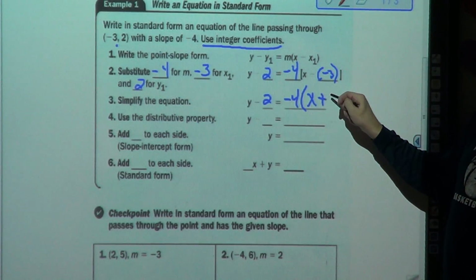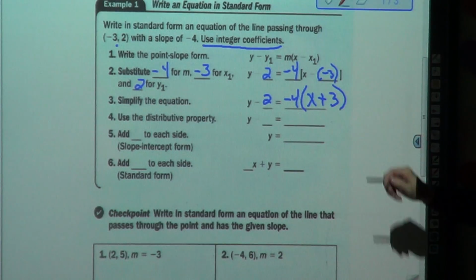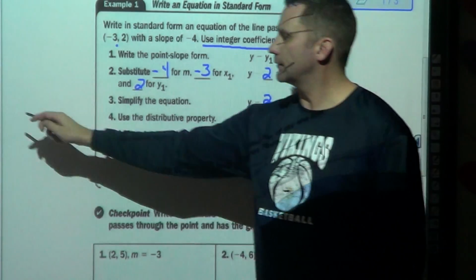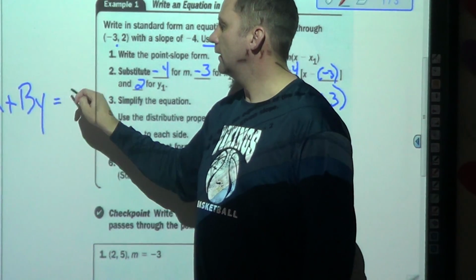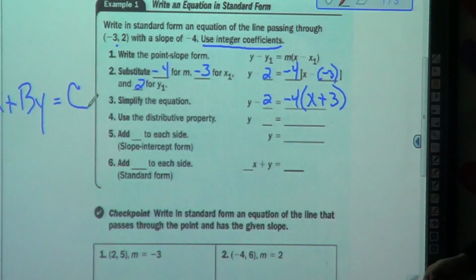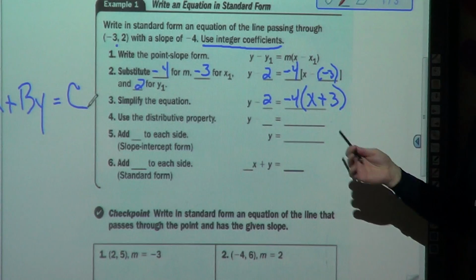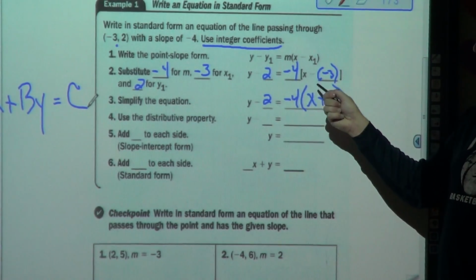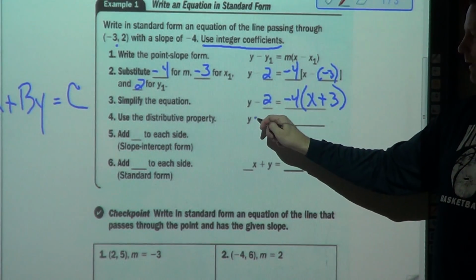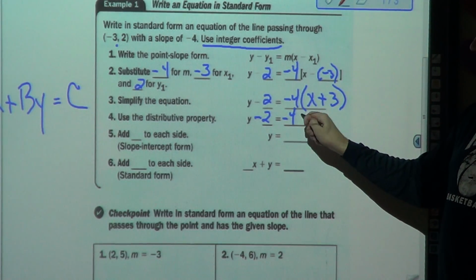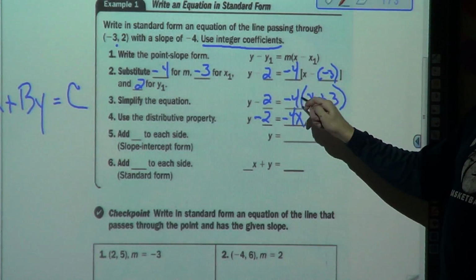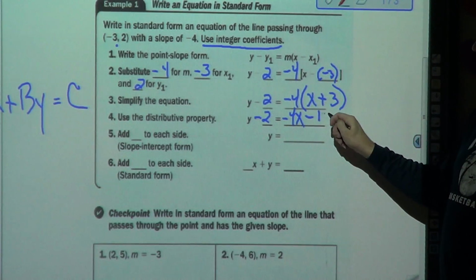What do we do when we see this minus and -3? It becomes x plus 3. Standard form is Ax plus By equals C. There aren't any parentheses in standard form, so we get rid of the parentheses first by distributing the -4. We keep y minus 2 on the left side. -4 times x is -4x. -4 times positive 3 is -12.